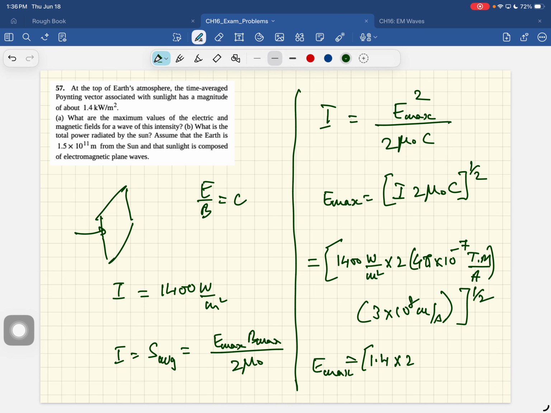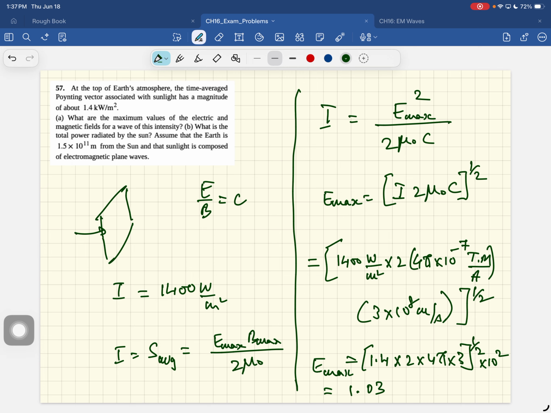So the intensity of the wave is 7.5 times 10 to the minus 6 volt per meter, squared, over 2 mu naught c.